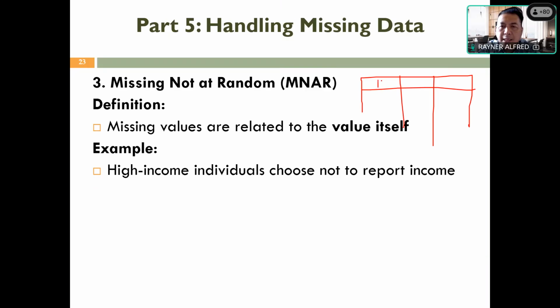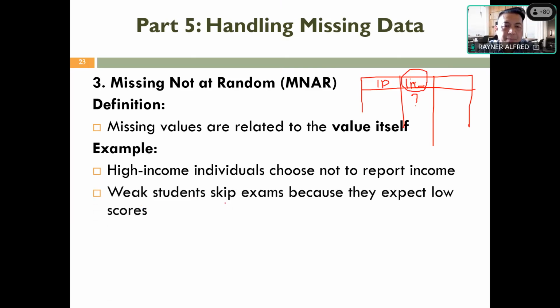So this is the ID and this is the income. They do not want to expose the salary because of high income, because maybe they want to apply for scholarship and so on. So they don't want to expose the income here. Or someone may skip an exam because they expect a low score.